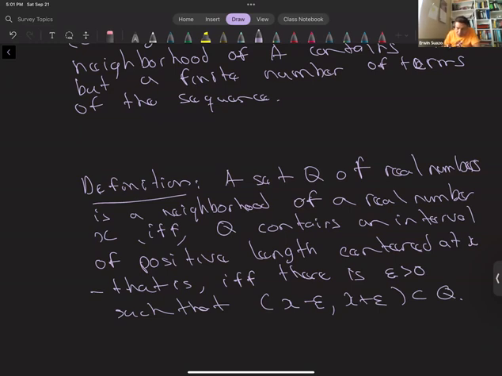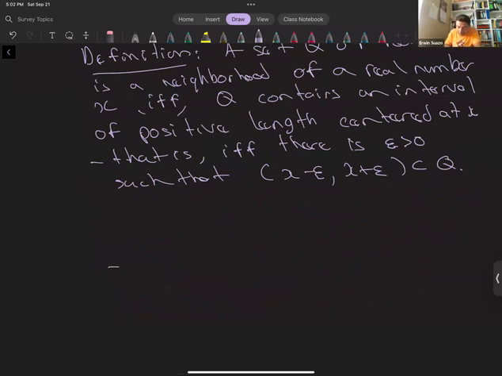So we were saying that a set Q of real numbers is a neighborhood of a real number X if and only if Q contains an interval of positive length centered at X. That is, if and only if there is an epsilon such that the interval from X minus epsilon to X plus epsilon is contained in Q. So this is X, and let's say Q is maybe this set, together with other pieces, with this and with this.